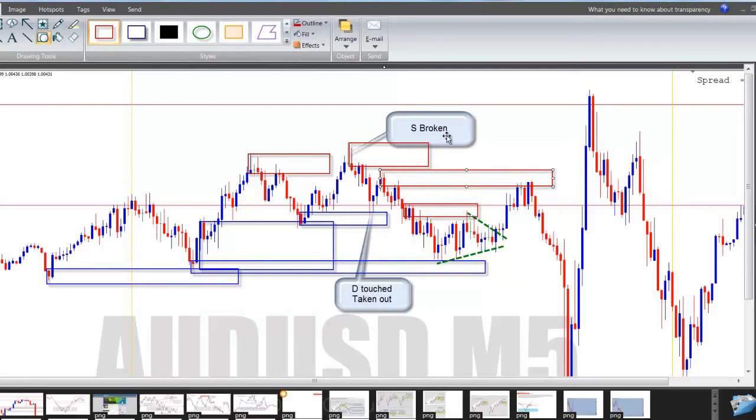Then we have new spike here. All of this.